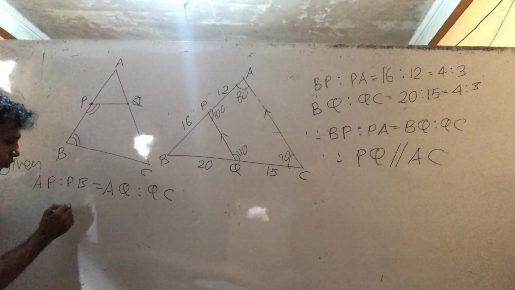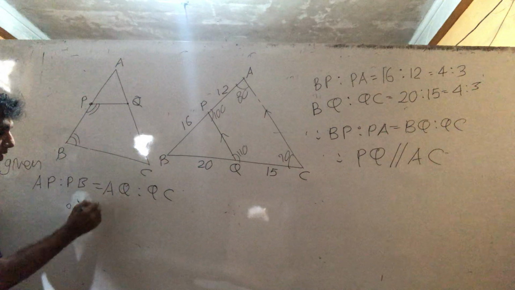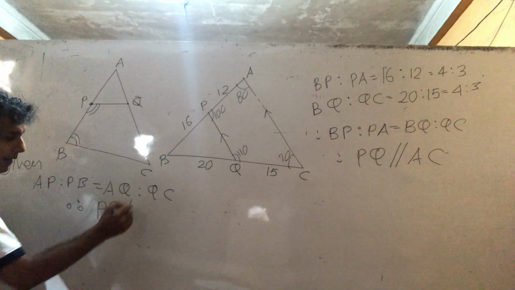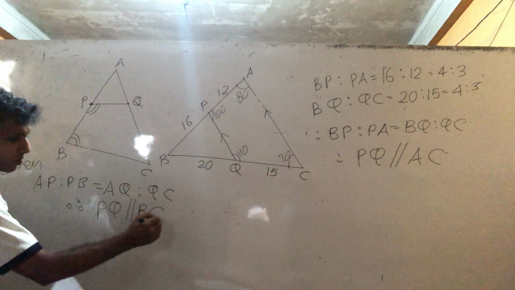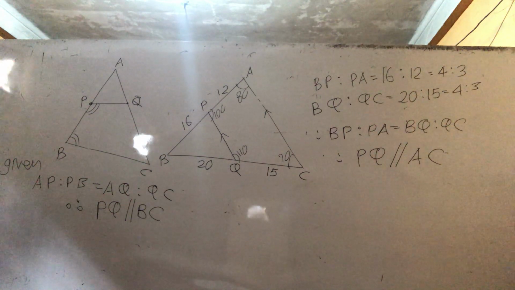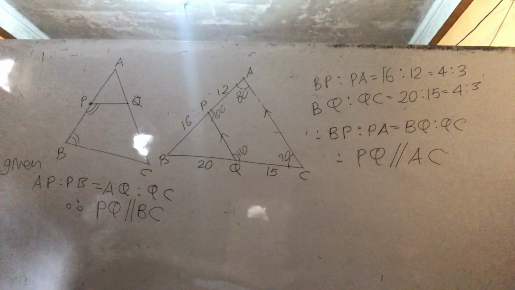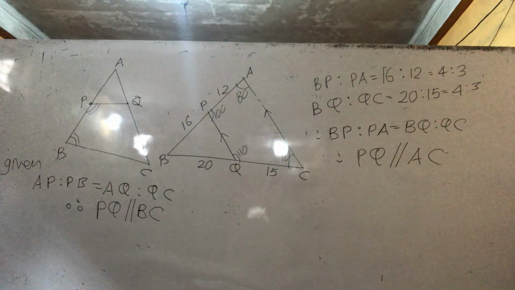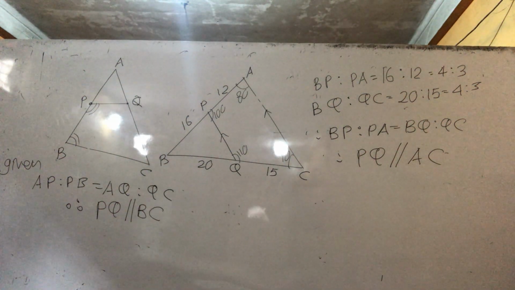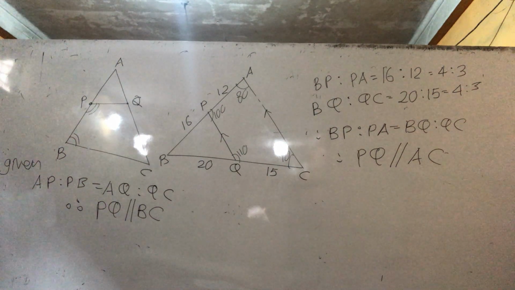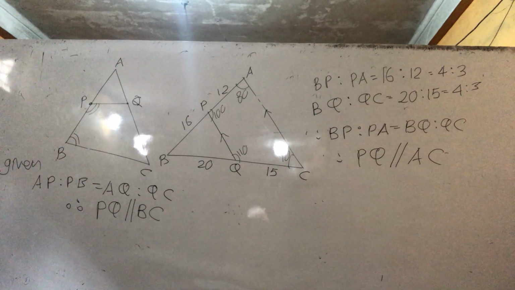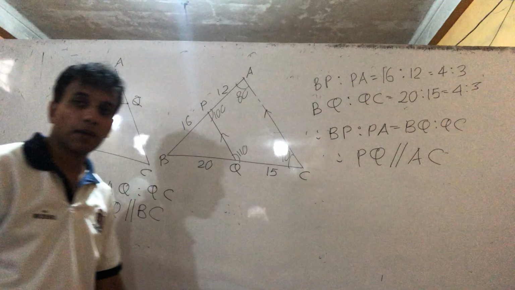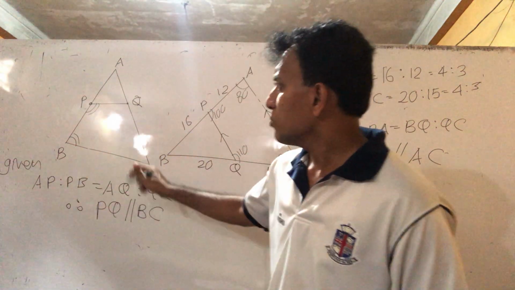Therefore, PQ is parallel to BC, right? In a triangle, a line drawn parallel to a side divides the other two proportionally. If it's proportional, then the lines are parallel.